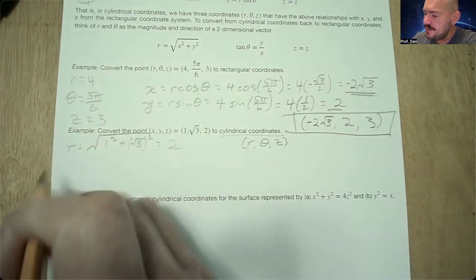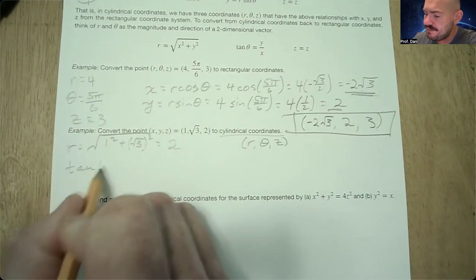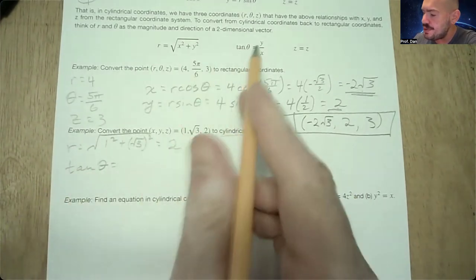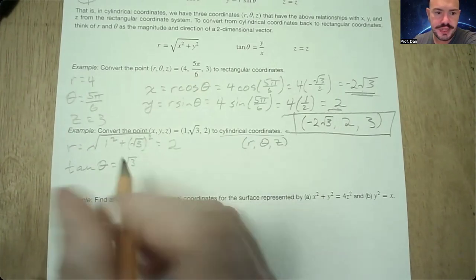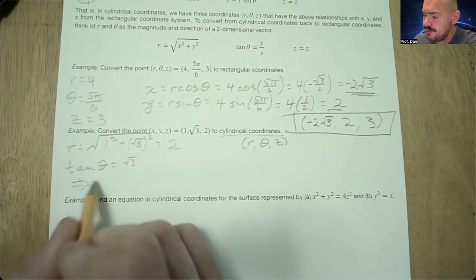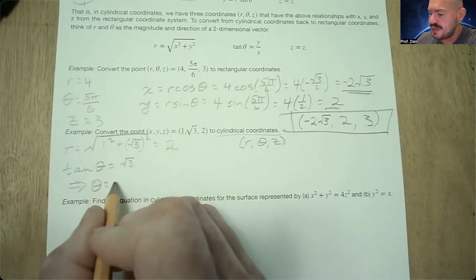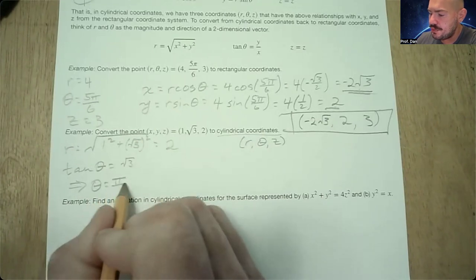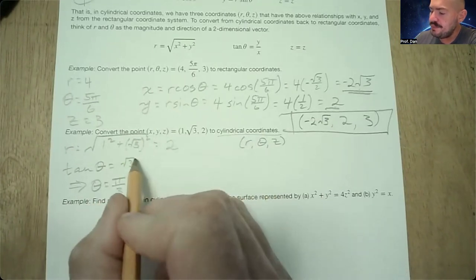Next, we have theta. So we know that tangent of theta is equal to the square root of 3 over 1. So square root of 3. From our unit circle, that means that theta would have to be pi over 3, right? And think about why.